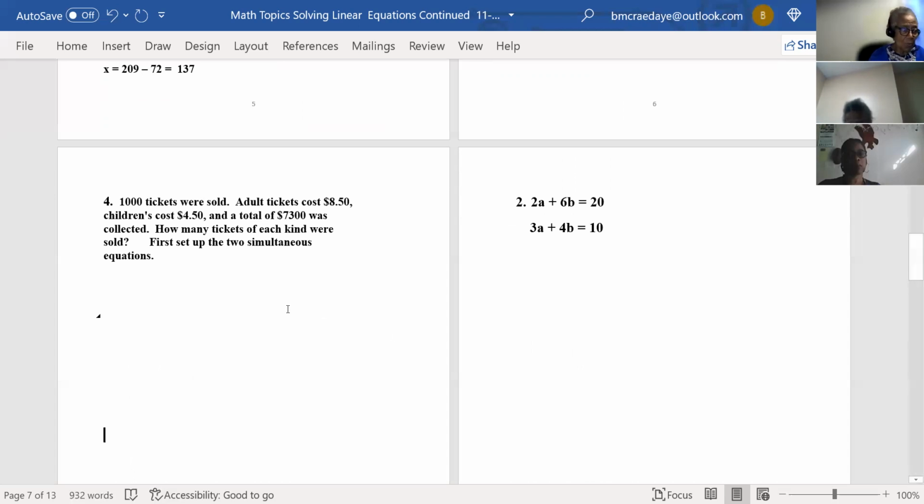What did you do? Okay, let's see. I write first. What were your variables? Let A equal the number of adult tickets, right?